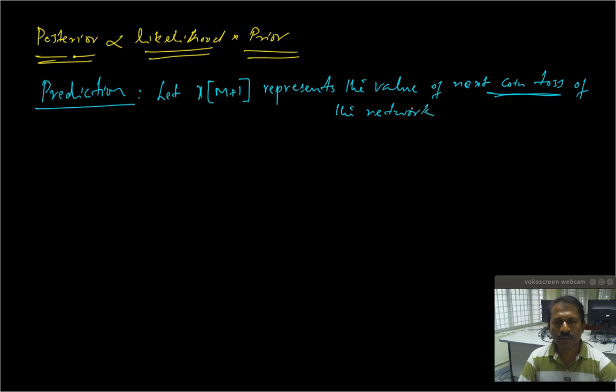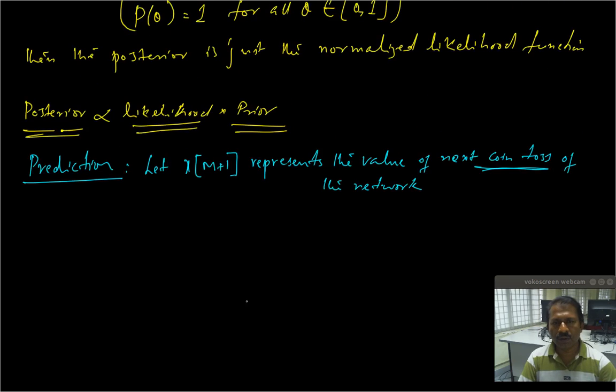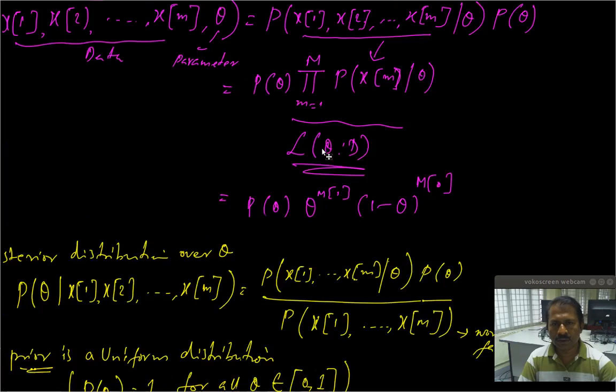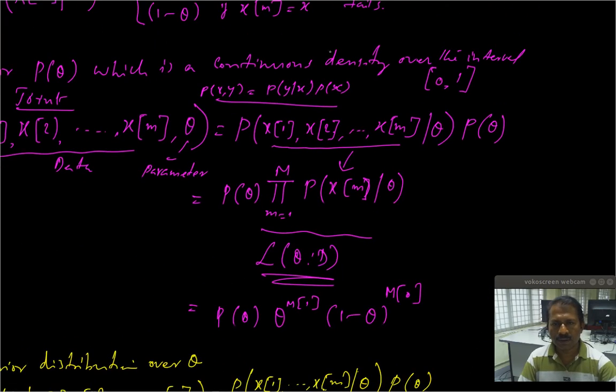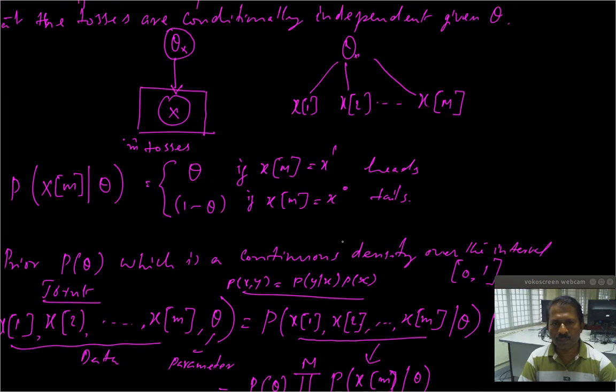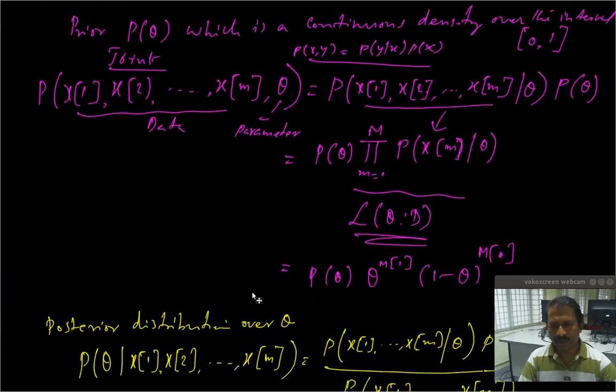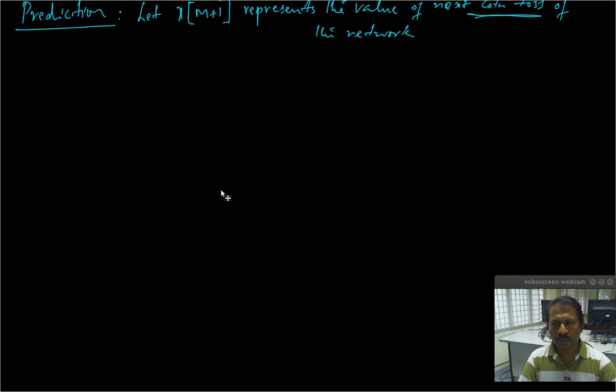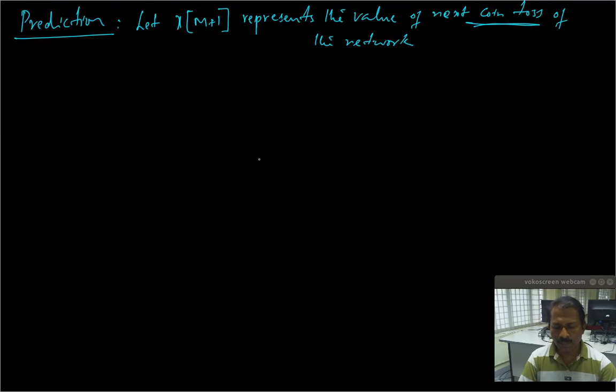Right? So remember, we have generated the network as something like this, right? So we are going to see the next one, x m plus 1. Right? We are going to predict that. Okay.